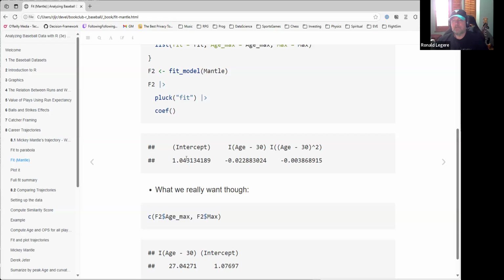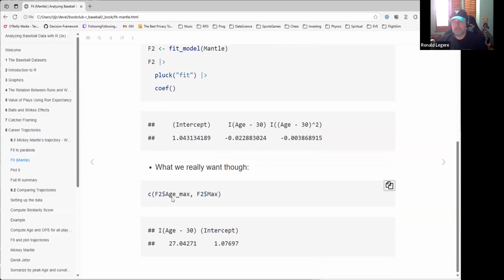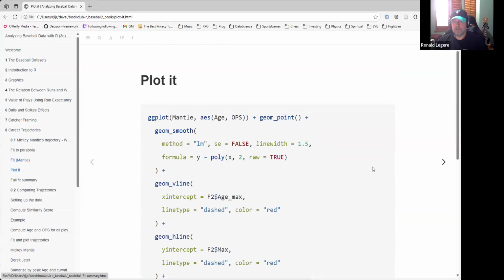In any event, we can get the actual coefficients from the fit, the A, B, and C. What we really want is the computed maximum age, which is 27, and his peak OPS, which was about 1.08. That's pretty straightforward. We can then plot it on top. He uses ggplot, and if you use ggplot with method lm for the smooth, it'll do its own polynomial fit, which you can give the formula for.